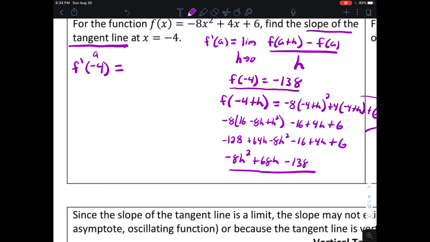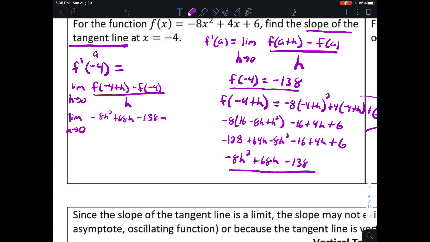So what we're looking for is going to be the limit as h approaches 0 of f of negative 4 plus h minus f of negative 4 over h. All right, so we're going to plug in our expressions. So we have the limit as h approaches 0 of negative 8h squared plus 68h minus 138 minus negative 138 all over h.